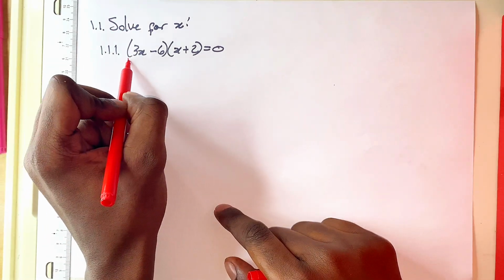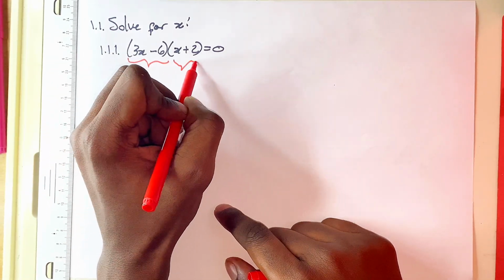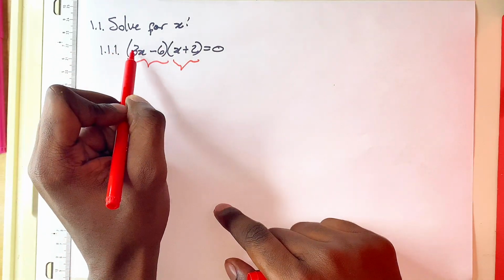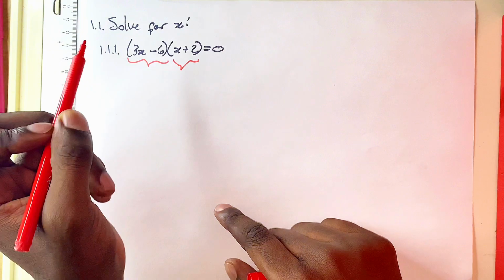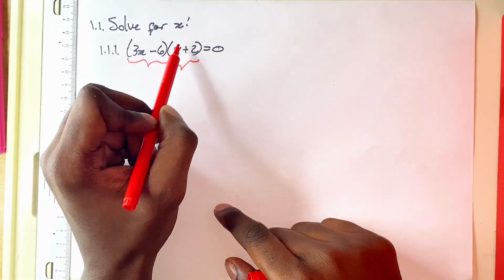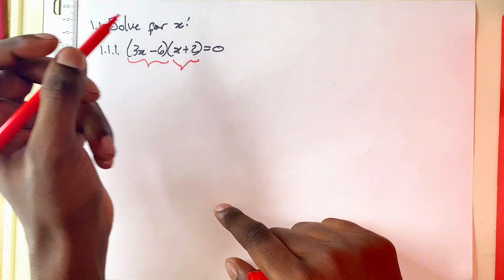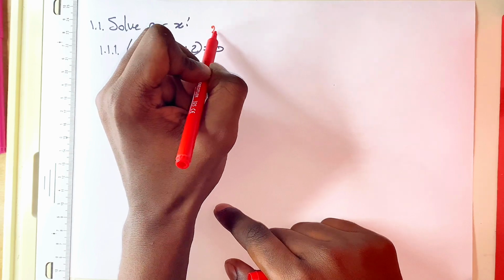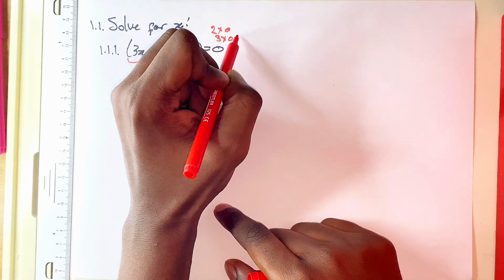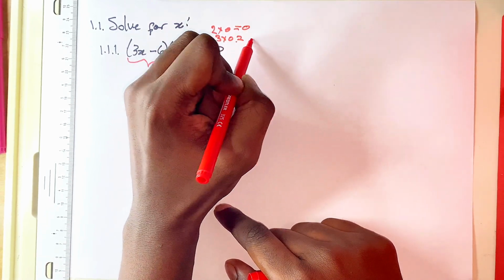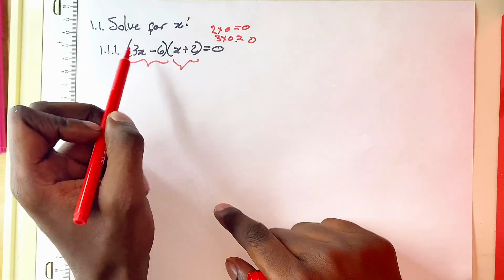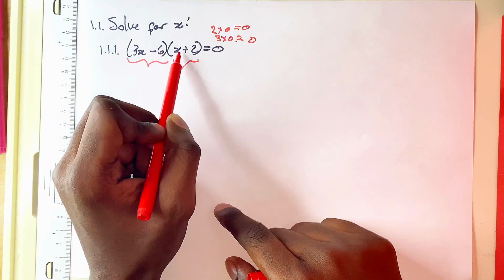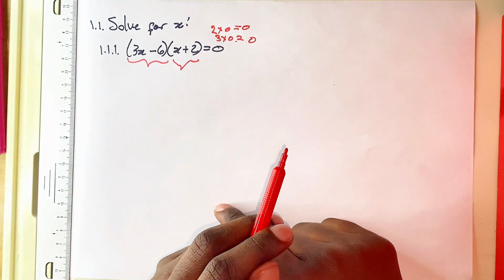Now, when you take these two brackets, bracket 1 and bracket 2, if this entire expression is going to be equal to 0, that means one of these brackets must be equal to 0. Remember, anything multiplied by 0 will be equal to 0, which means that one of these brackets is equal to 0.